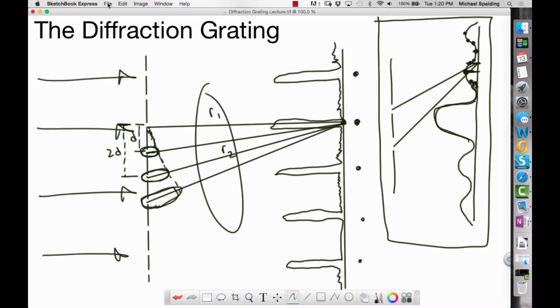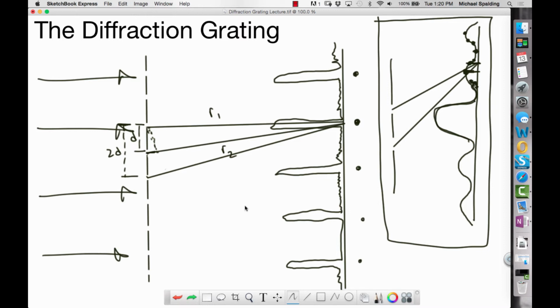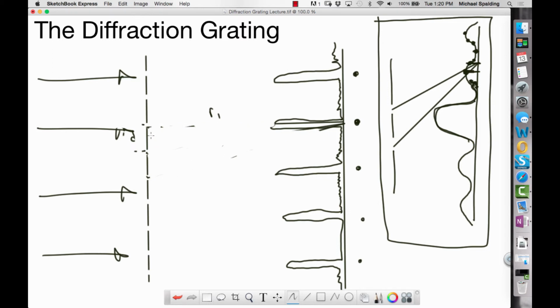Now, what happens if you're just slightly off that bright spot? Let's say we're looking at a point that is just slightly above this bright spot.